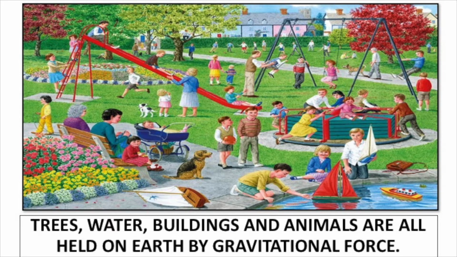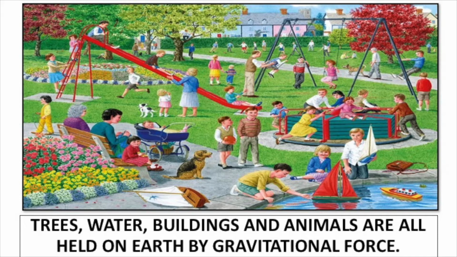Dog. The dog is on the ground because of gravity. What can you see here? A girl. Where is the girl? Walking on the ground because of gravity. And what are these pretty things here? Where are they? On the ground because of gravity.